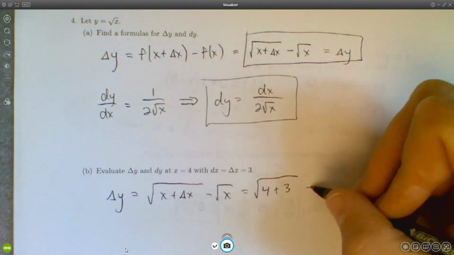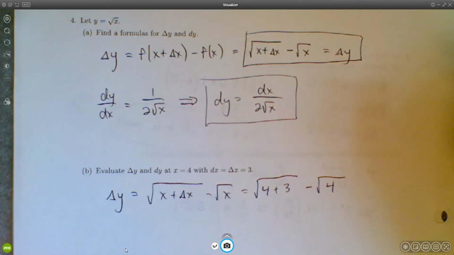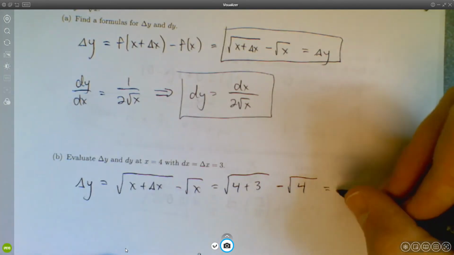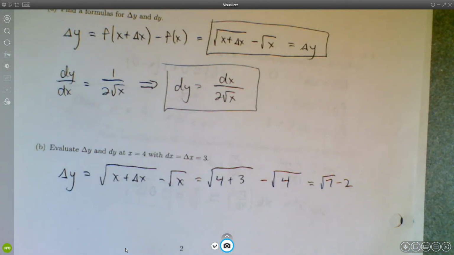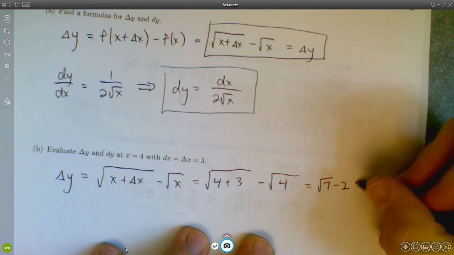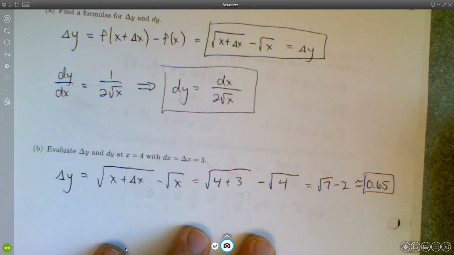So it's square root of 4 plus 3 minus the square root of 4. So root 7 minus 2. I wonder about how much that is. About 0.65. Okay, so there's delta y.